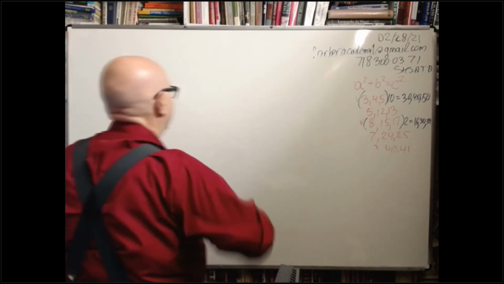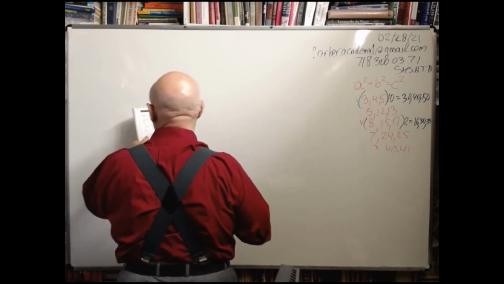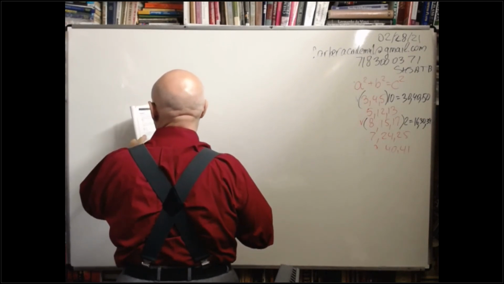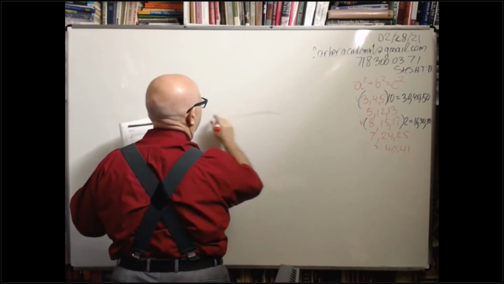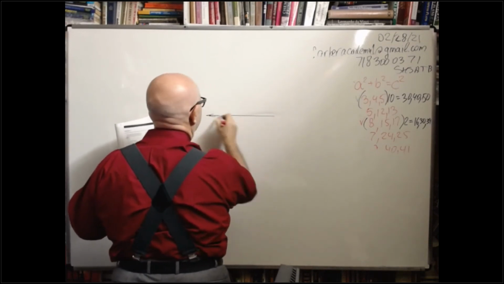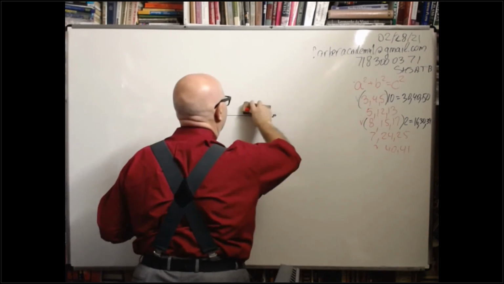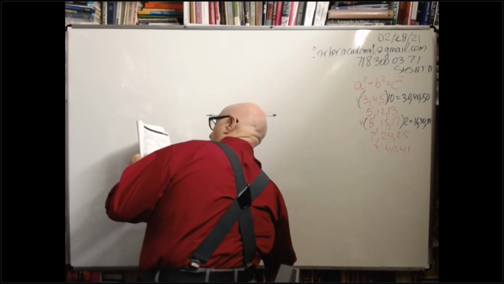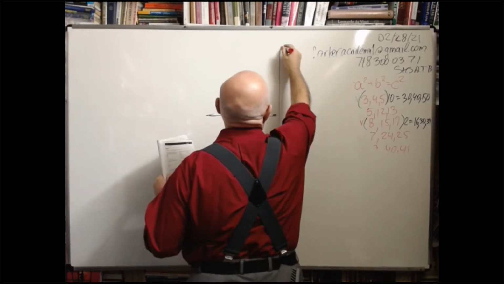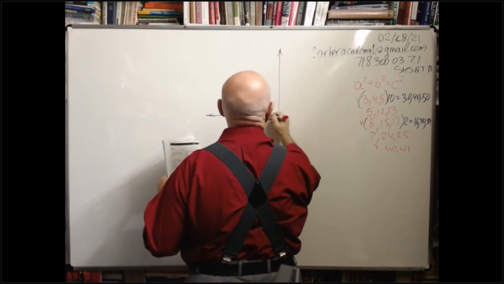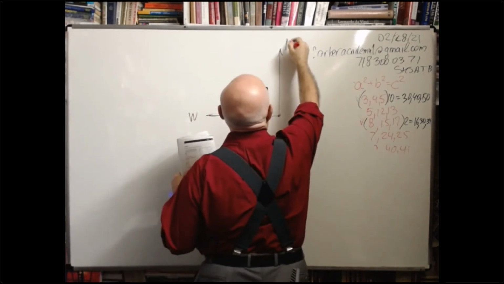Okay, excellent. Let's do this. I read it. 2 boats leave the same dock at the same time. One due west. West is this way. This is west. And one due north. North is this way. So this is west, this is north.